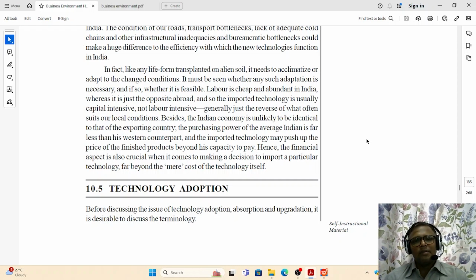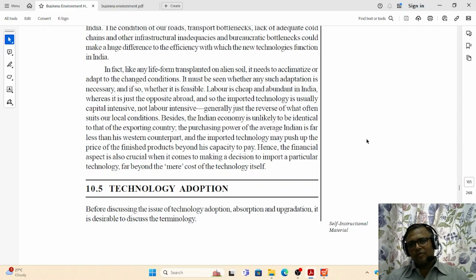feasible. Labor is cheap and abundant in India, whereas it is just the opposite abroad, and so the imported technology is usually capital intensive, not labor intensive. Generally, this is just the reverse of what often suits our local conditions. Besides, the Indian economy is unlikely to be identical to that of the exporting countries.